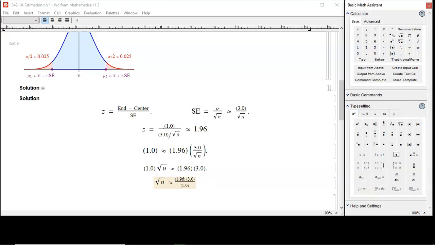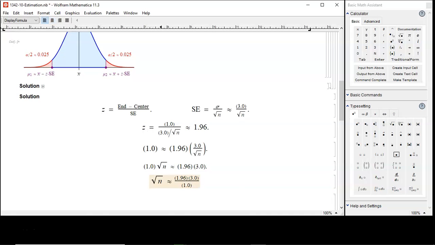Let's not worry about it yet. And that value is square root of n. In order to get n value, I have to square it, because square root of n is this quantity, so I have to square it.